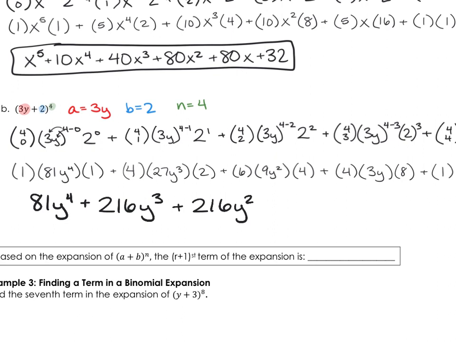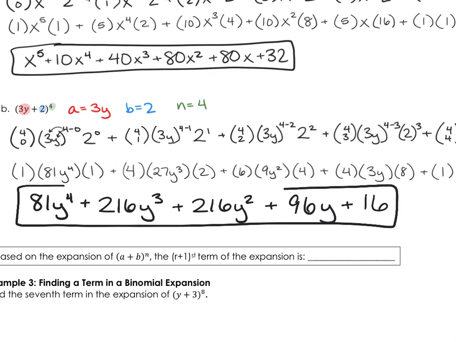It just happened to be the examples I chose had those double numbers. 4 times 3 times 8 is 96y. And 1 times 16 is 16. So without having to double, triple, or quadruple distribute, we were able to multiply (3y plus 2) raised to the 4th power quickly.